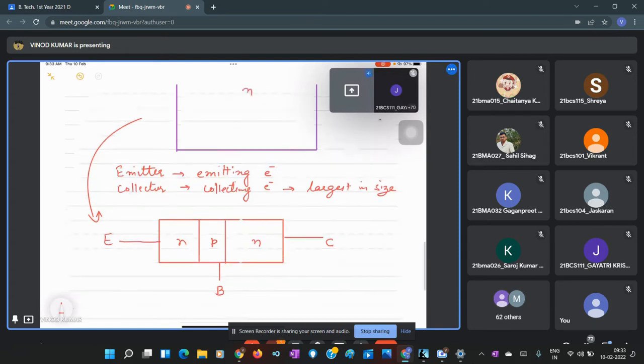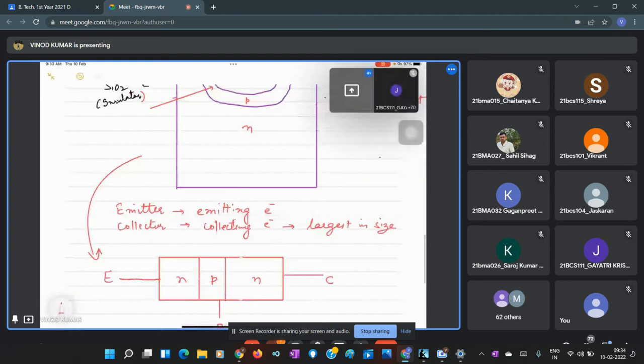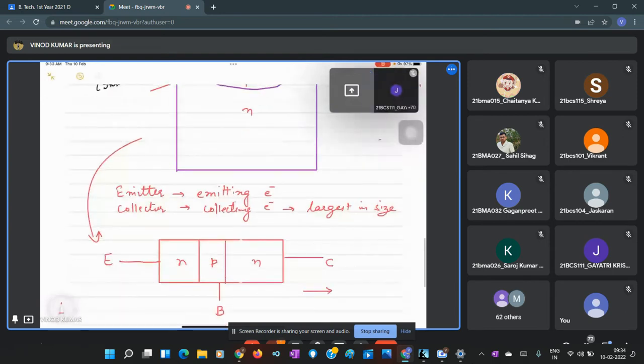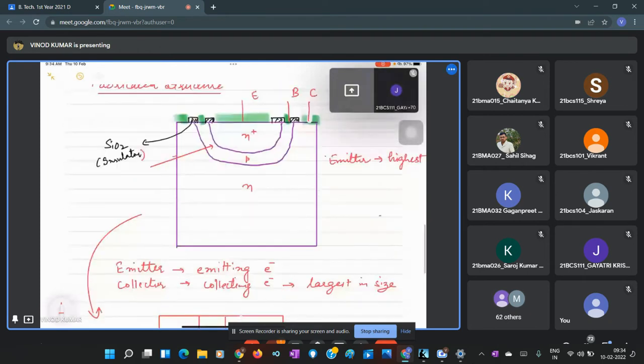Okay, reason being this is nothing but this is a model actually. This is transistor model we are using, right?